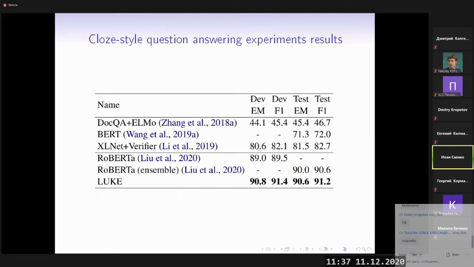For example, closed-style question answering. So how does it work? There is a sentence. There is one word which is thrown out at the end of the sentence, and we need to predict which word it is.